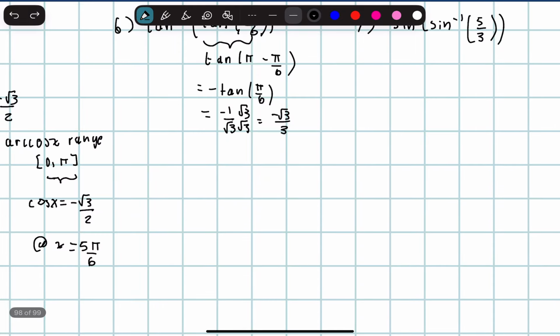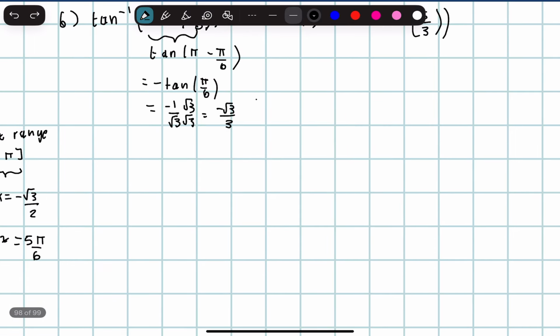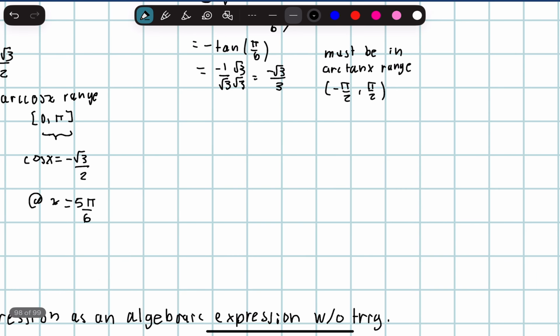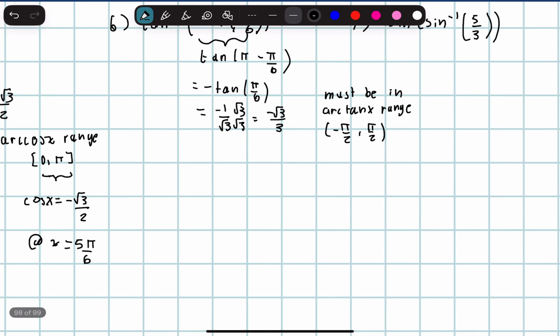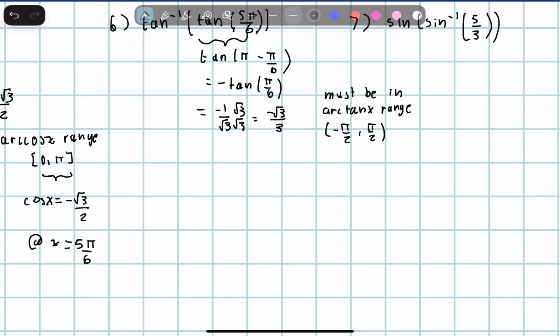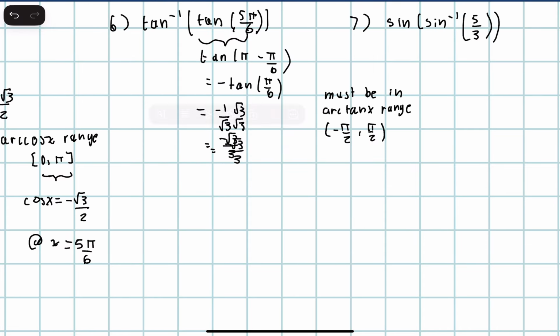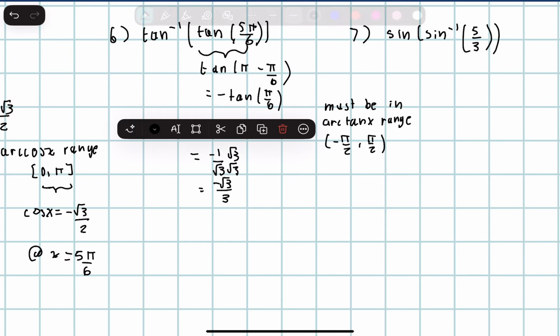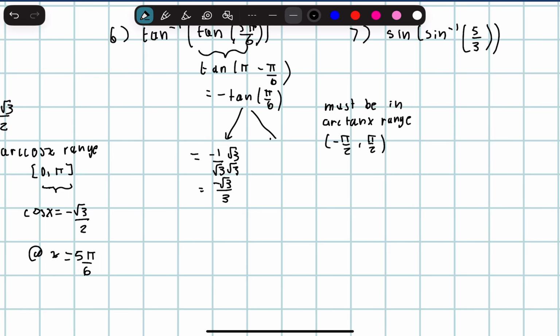But it must be in the arctan range, which is negative pi over 2 to pi over 2. So remember that this is equal to negative pi over 3 as one solution. Oops. And also, it's equal to negative pi over 6.